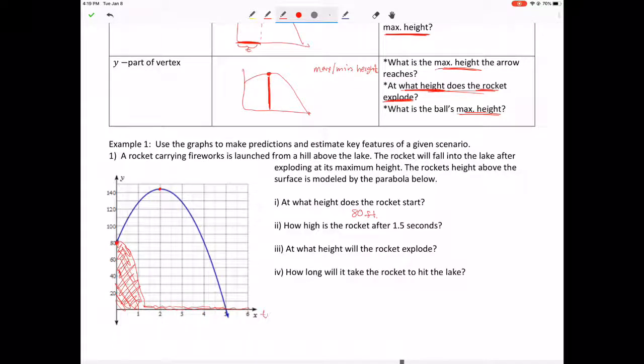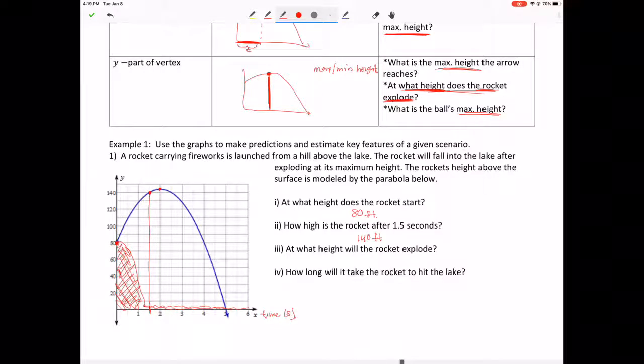Okay, so this is our time in seconds. So 1.5 is right here and would go up to see the value at that point. Okay, and that would be 140 feet. All right, approximately.